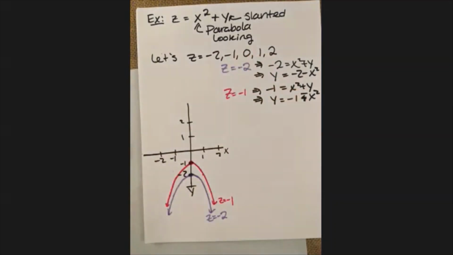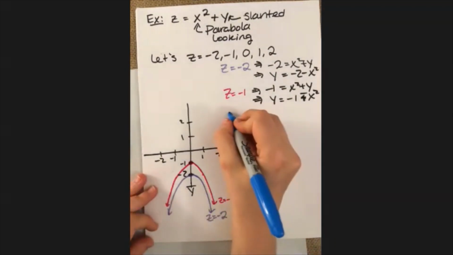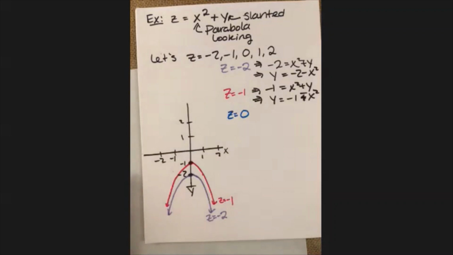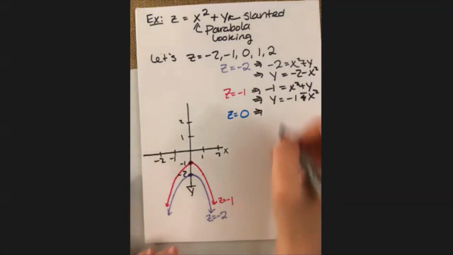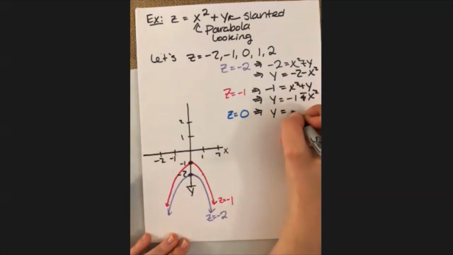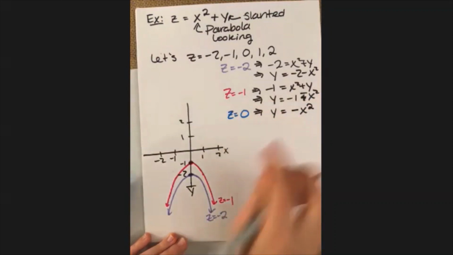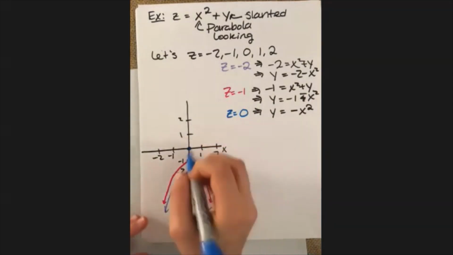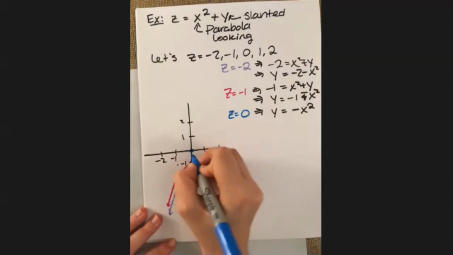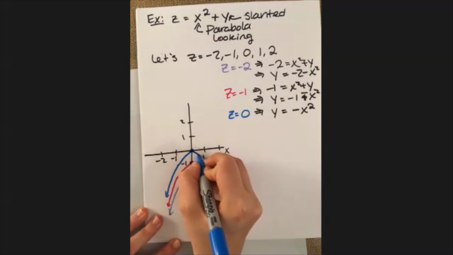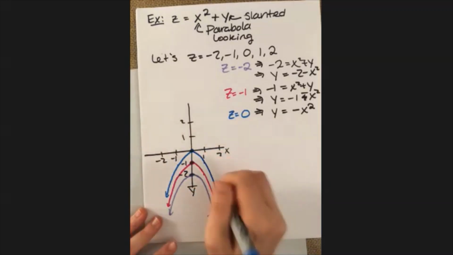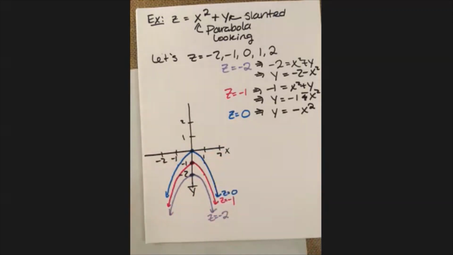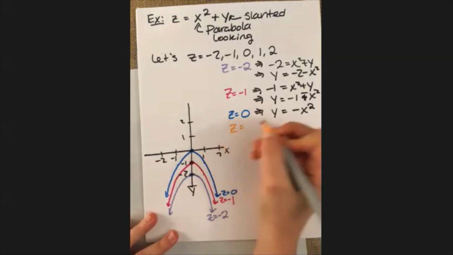We're going to repeat this process for our next 3 points as well. So for z equal to 0, it simplifies down to just y equals -x squared. So that's just our standard parabola at 0, but it's been flipped over. We can go with z equals 1.